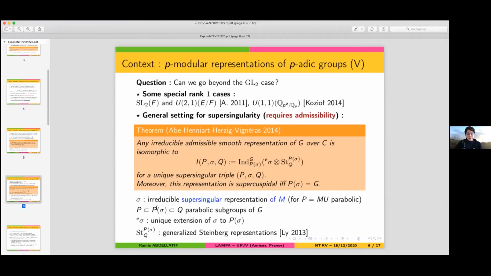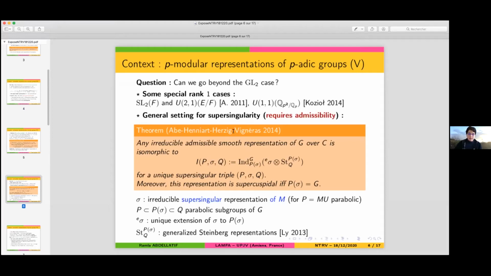So maybe just a few words on the notation and the objects appearing here. There are these Steinberg, generalized Steinberg representations. They really are not a problem because thanks to Tony Ly's work, they are really well understood, okay? So the interesting and mysterious part is this supersingular representation here. So here you start from sigma and P, okay? So you have P, which is M times U. Sigma will be a supersingular representation of this Levi factor.